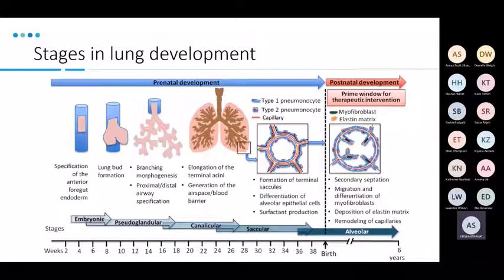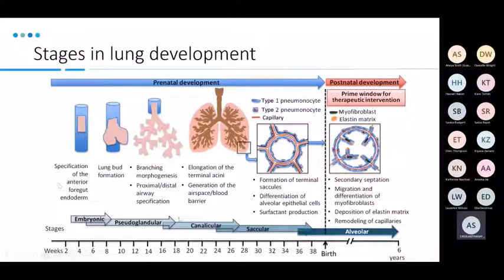And it's quite useful to just know when these things happen. During the first 16 weeks is when the bronchial tree forms, with the terminal bronchi and the bronchioles. Up to 19 weeks this is fully developed, and you're starting to get your alveoli forming.